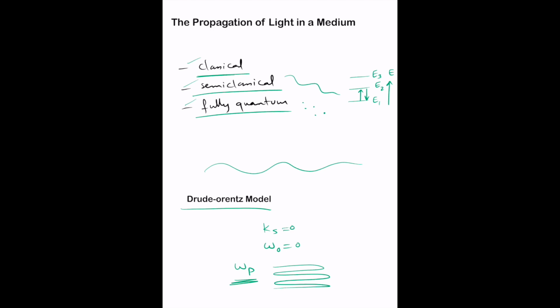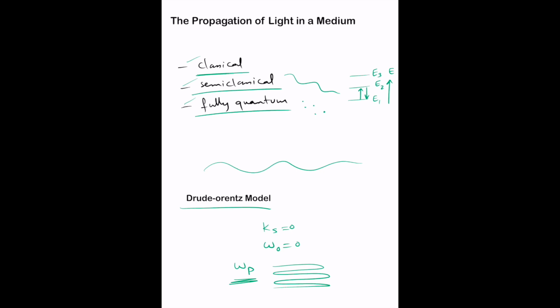So the reflection of all frequencies of light by the free electron gas up to the plasma frequency, which is in the UV region, is the basis of the law of reflection of light. So a mirror is made of a thin layer of metal, such as aluminum or silver, that is usually coated on a glass substrate. And all frequencies up to the plasma frequency are reflected by the mirror.